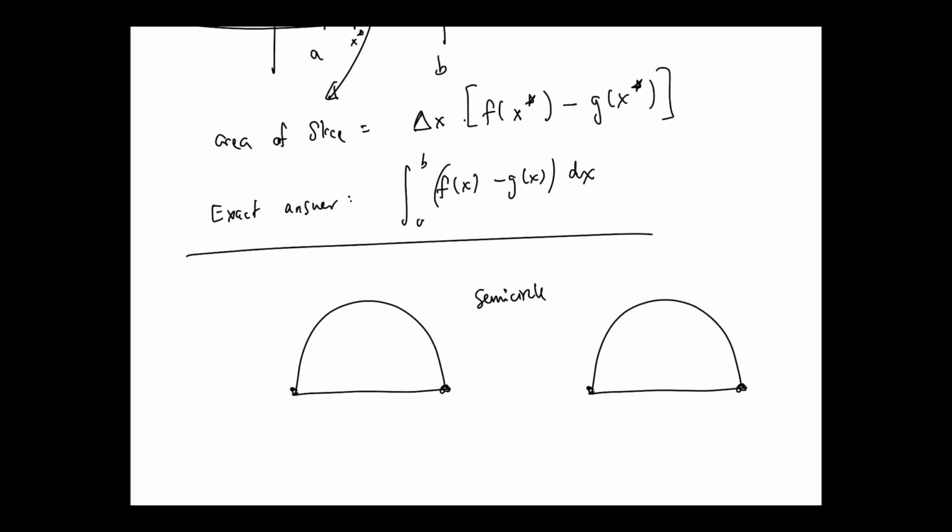If I wanted to find the area underneath that thing, I could slice it up this way and find the area enclosed by each slice. But I could also do it this way. Which way's better?